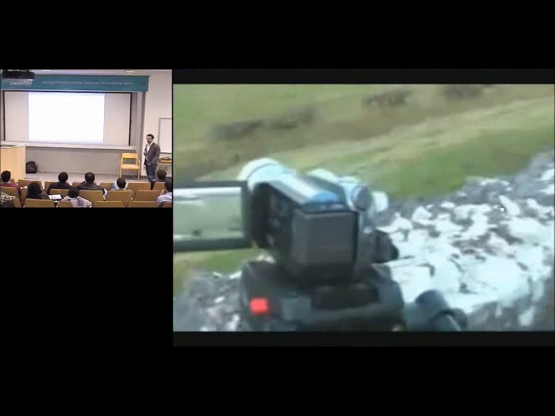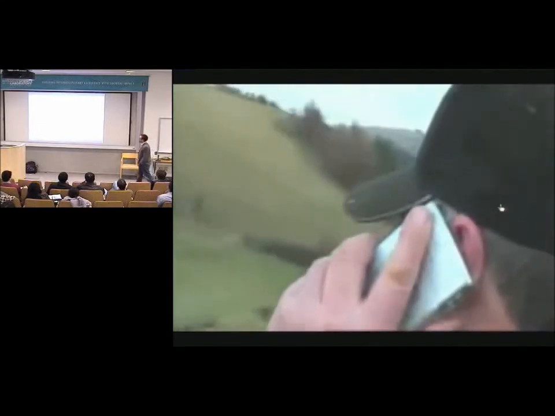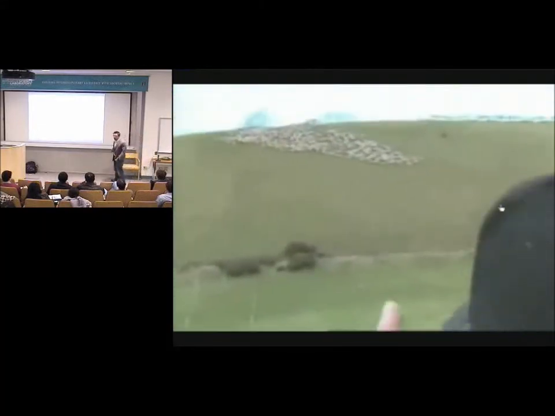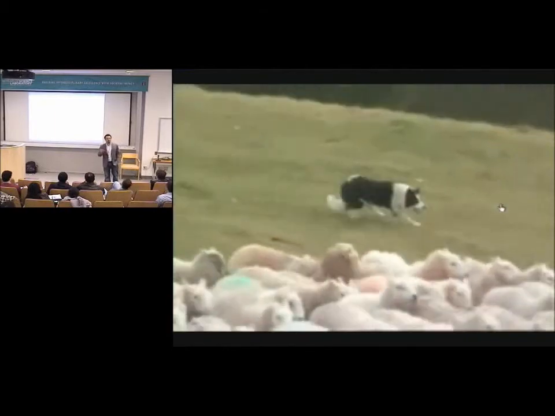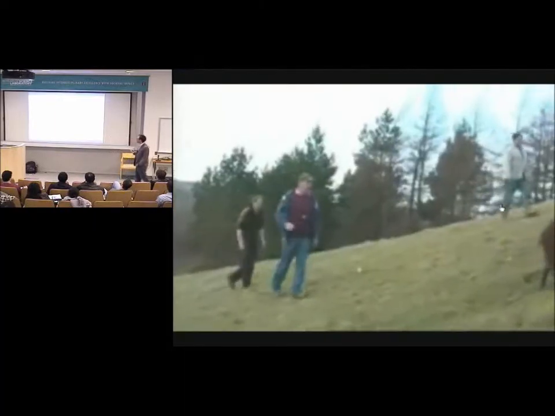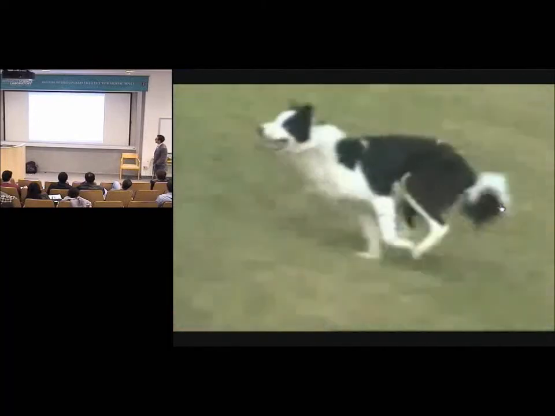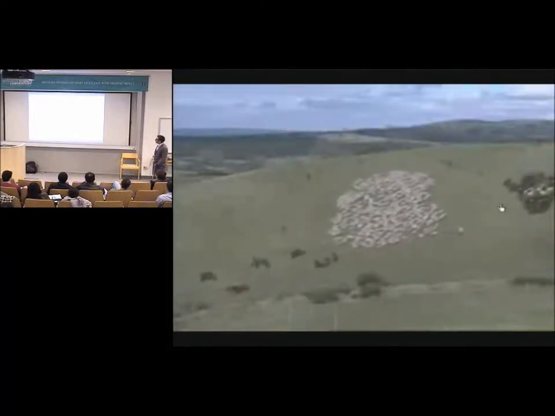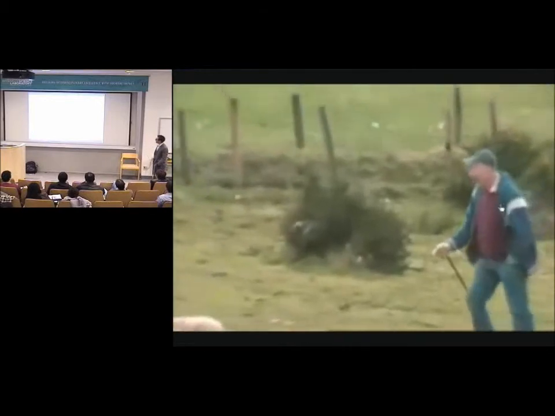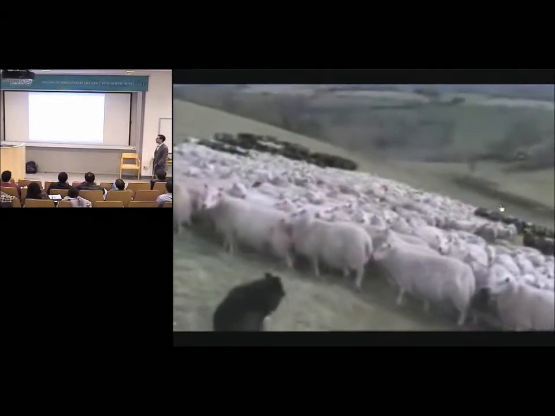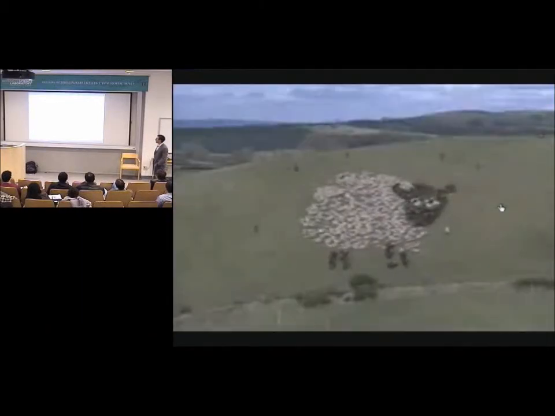They have an insane number of sheep. What they're doing is that they're yelling out to the herding dogs, and the herding dogs are producing these geometric formations that I mean, in fact, one thing that I want to do is do this with robots. White sheep and black sheep. It's absolutely insane, actually.